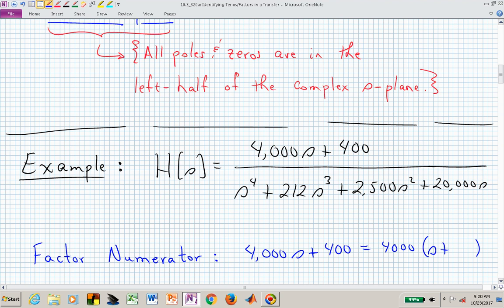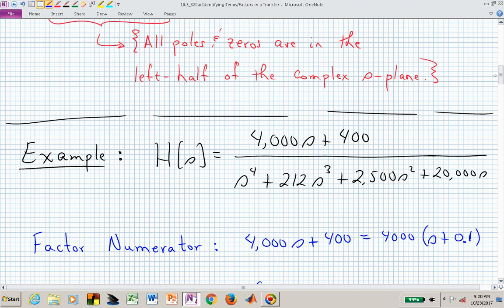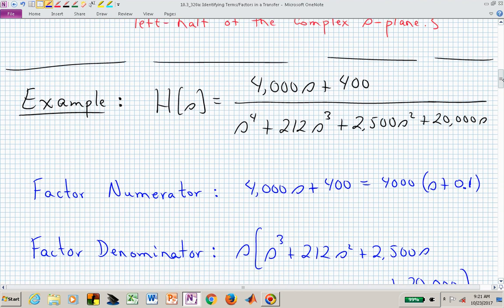If we divide 400 by 4,000, I hope I've picked these numbers so that it's not hard to do the math, we can see now that we have 4,000 times the factor s plus 0.1. Now we can immediately set that s plus 0.1 factor to 0 to identify where the zero is located. But we'll do that in a minute.